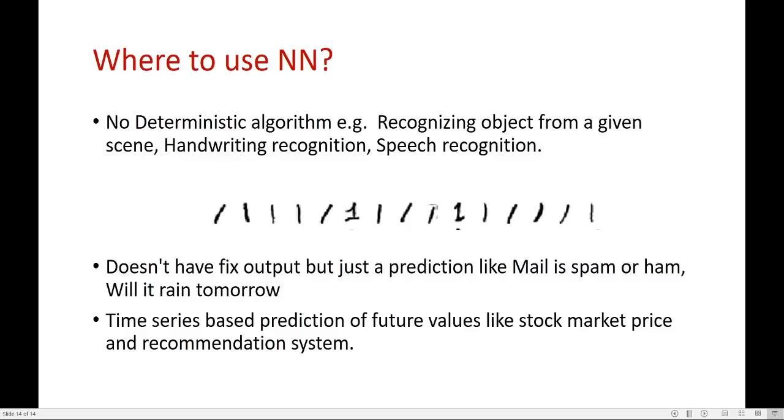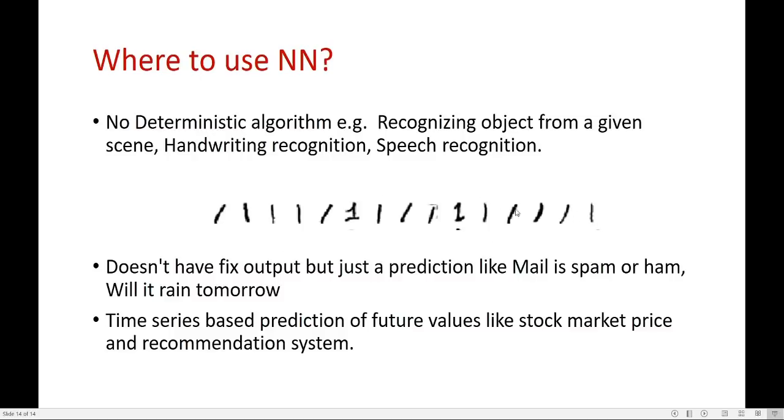You can use artificial neural networks where we don't have a deterministic algorithm, for example, handwritten digit recognition. Every particular person has his or her own writing style for the digit one. One person will write one with a slightly slanted line, another will write an exactly vertical line, and there are many more variations.